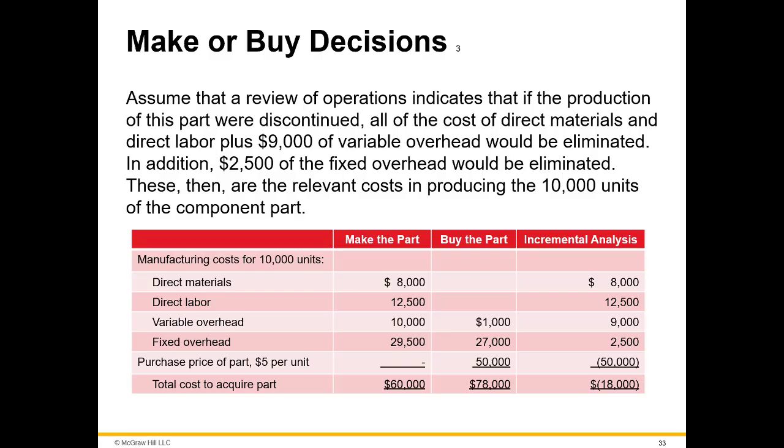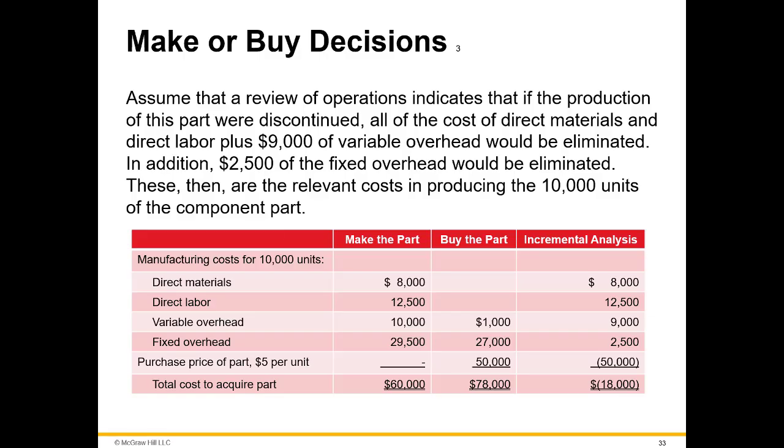After reviewing this information, we determined that if the production of this part were discontinued, all the costs of direct materials and direct labor plus $9,000 of the variable overhead, so notice here's the $9,000, would be eliminated. These then are the relevant costs in producing the 10,000 units of the component part.